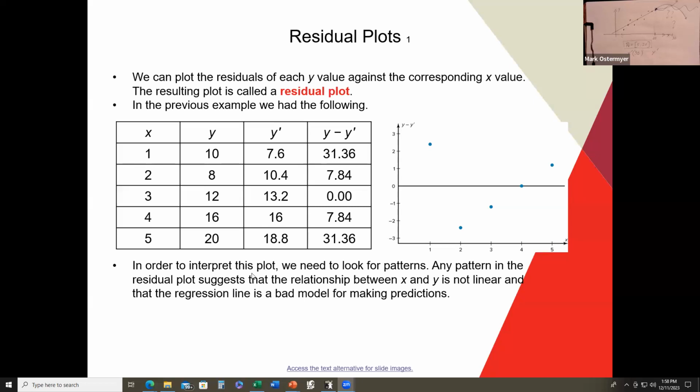And the bottom line is this: when you make a residual plot, you plot y minus y prime for the vertical axis, and your x-axis is the x coordinates of your ordered pair data.